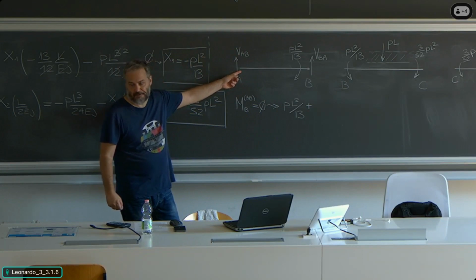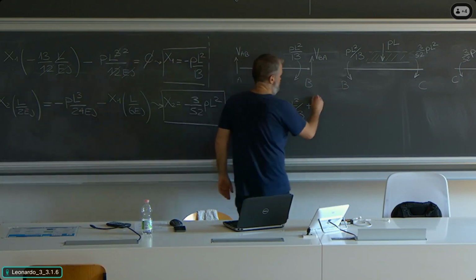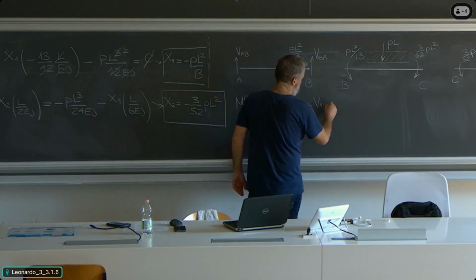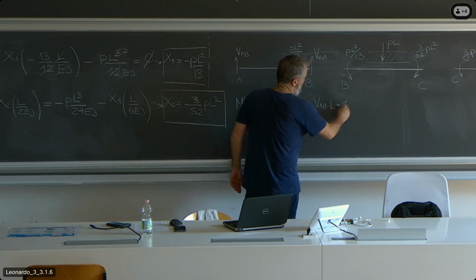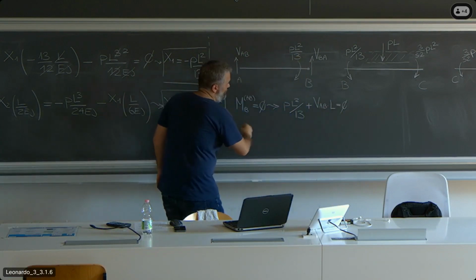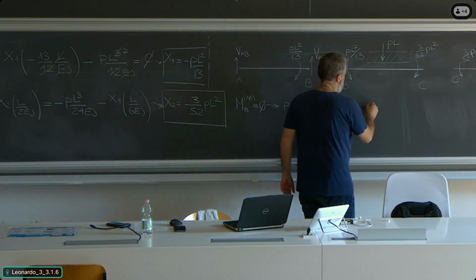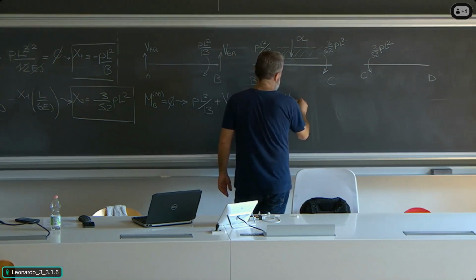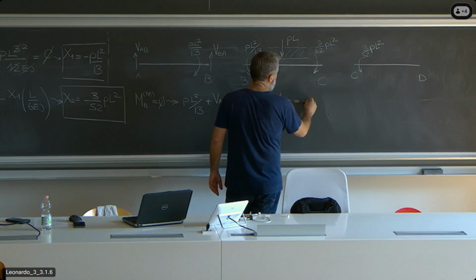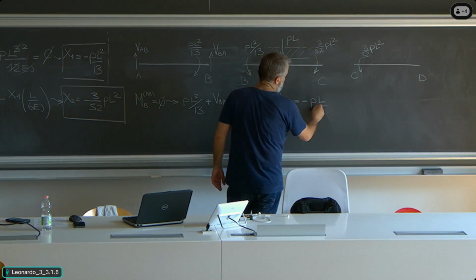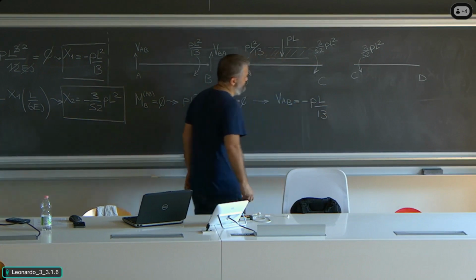Clockwise, yes. So it's VAB times L equal 0. What does this equation yield? This equation yields VAB equal to minus PL divided by 13.